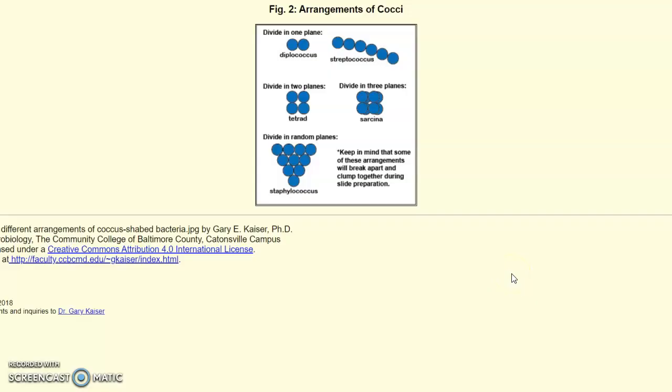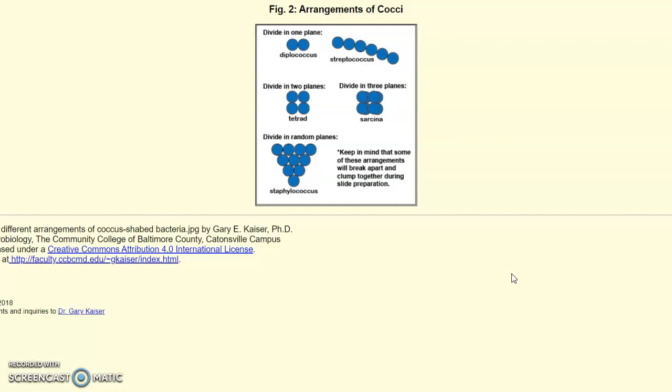Now, when we refer to the shapes of bacteria, there are three main shapes that we see. We see the cocci, the bacilli, and the spiral. The cocci, or coccus for singular, refers to circular or round-shaped bacterial cells.